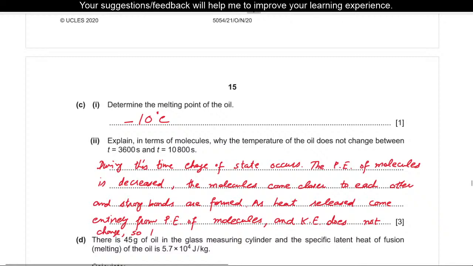Therefore, temperature remains constant.